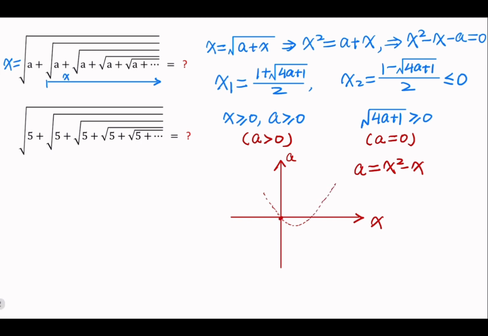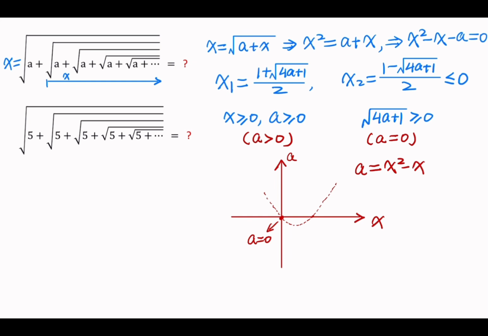When a equals 0, the root is here. And when a is bigger than 0, the roots use this part of the curve. And here is 1, here is 0.5.